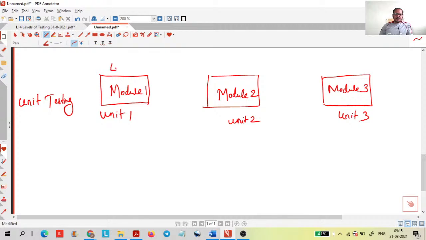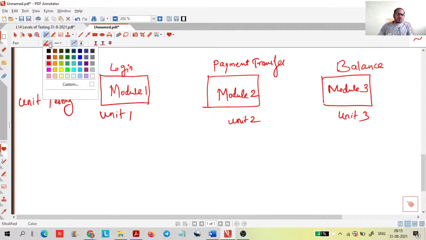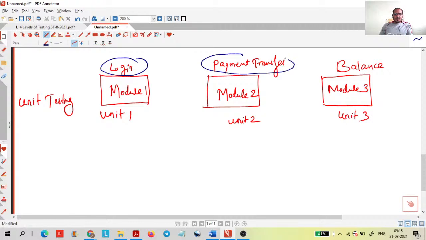We are checking, for example, a login functionality module, a payment transfer module, and a balance module. So we need to test these.